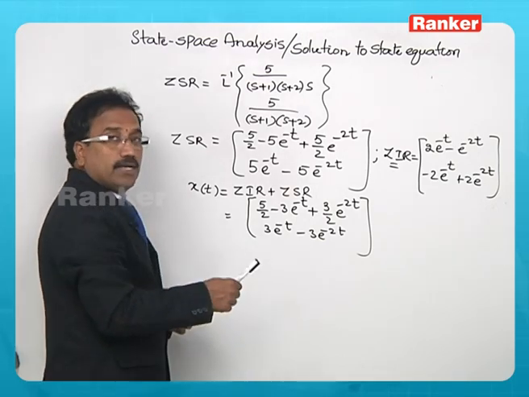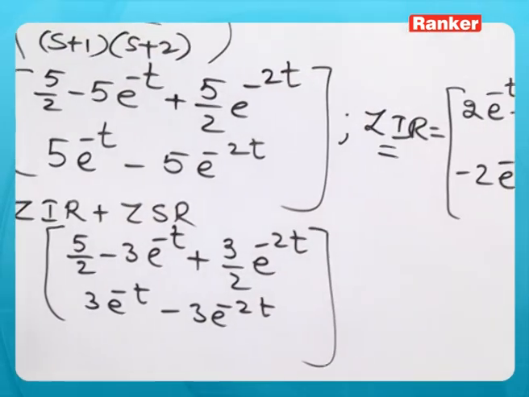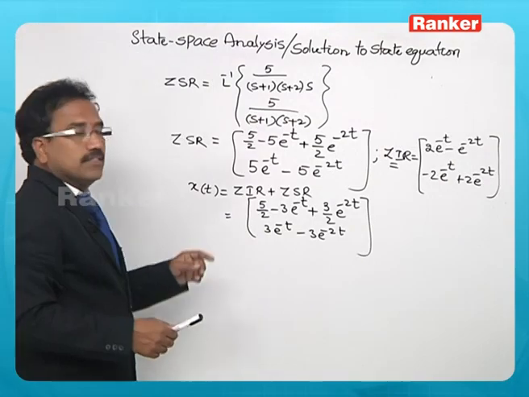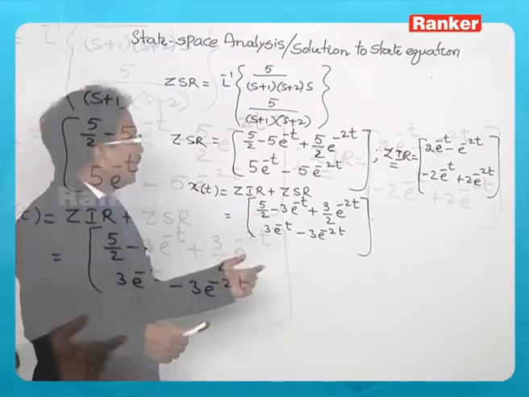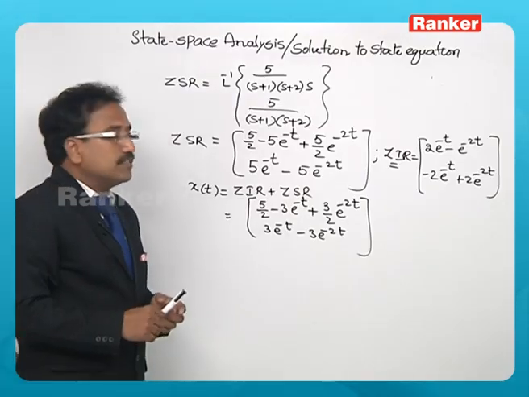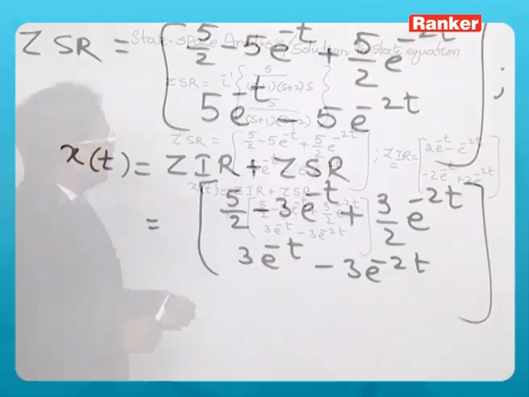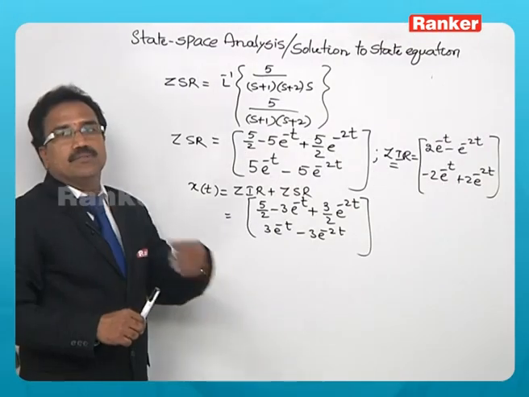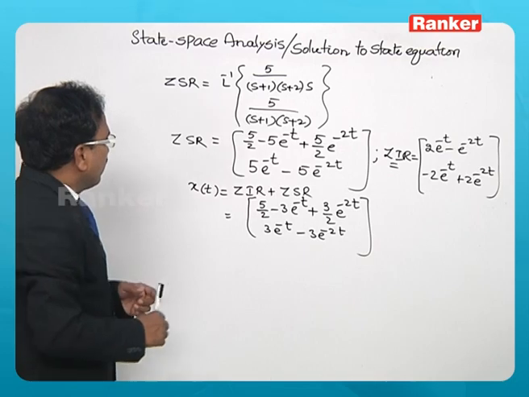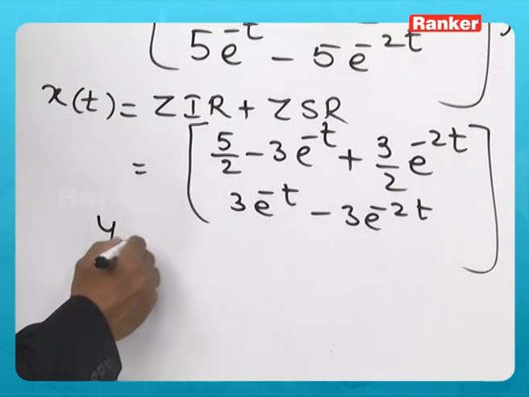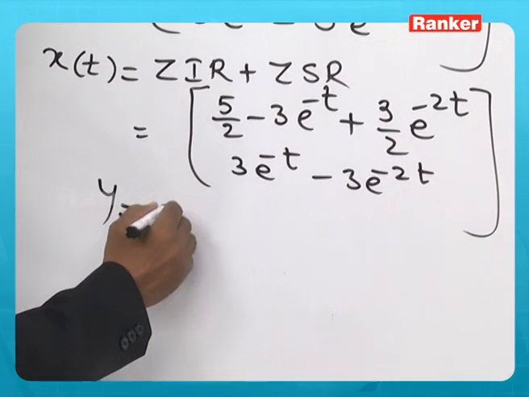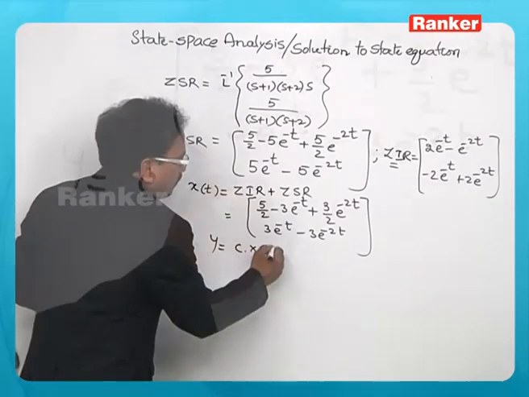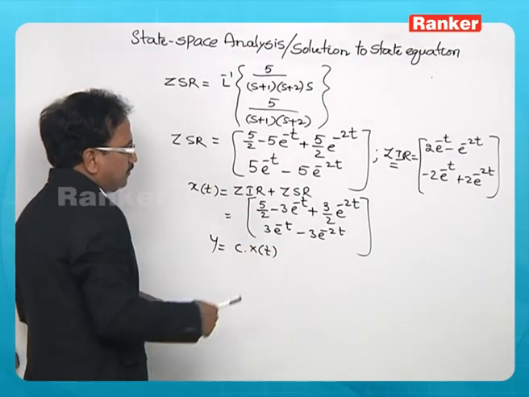So, you need to add these two matrices to get x of t, that is the complete time response. So, this is the matrix you get for x of t, and this is the complete solution of the state equation.